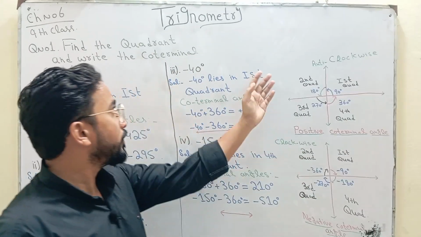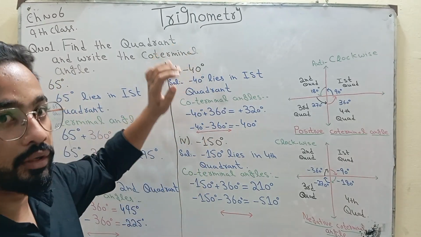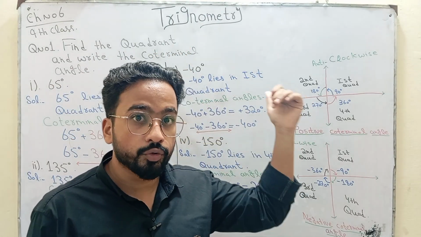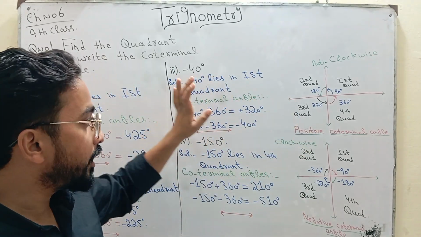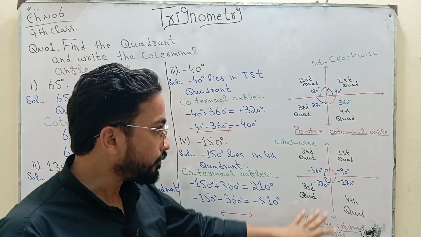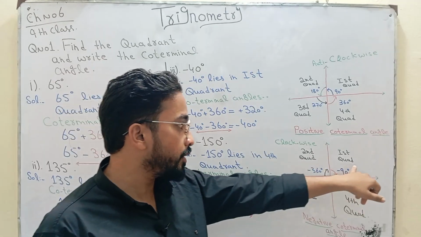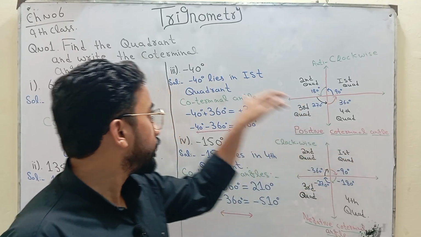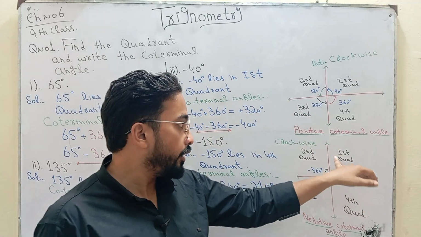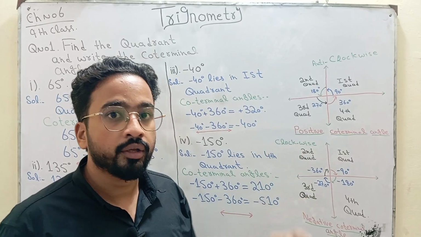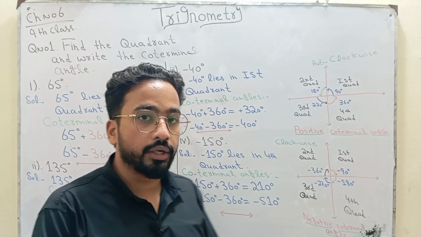Let's see part number 3, minus 40 degrees. First of all, our concentration is on the negative sign. Negative sign means we have to see it in the negative coterminal angle. We can see that minus 40 degrees lies in the first quadrant, because the first quadrant has all angles between 0 and 90.